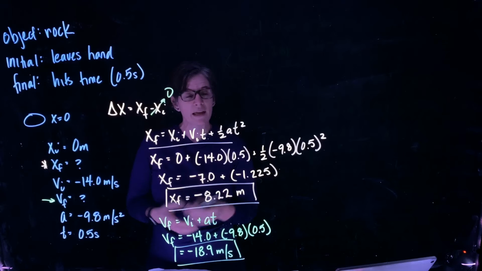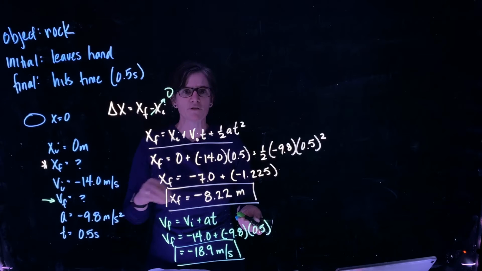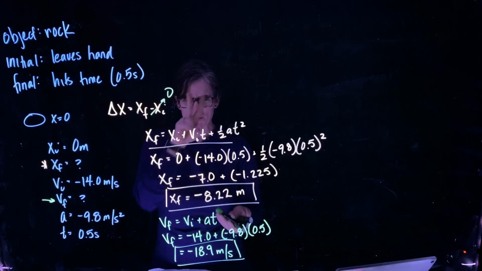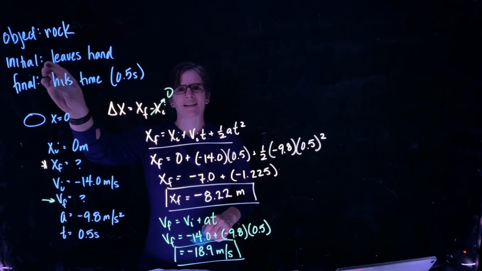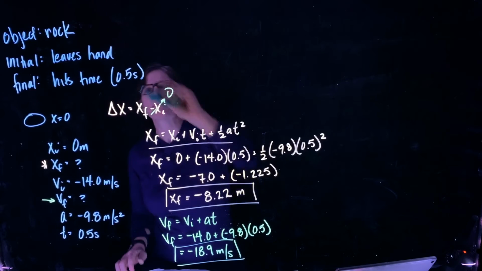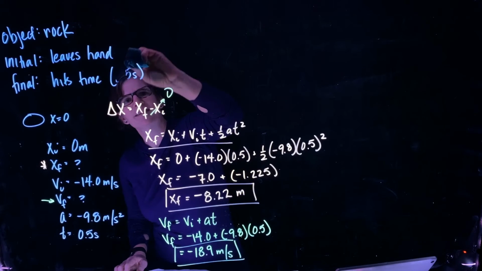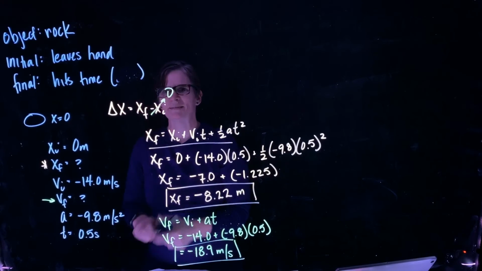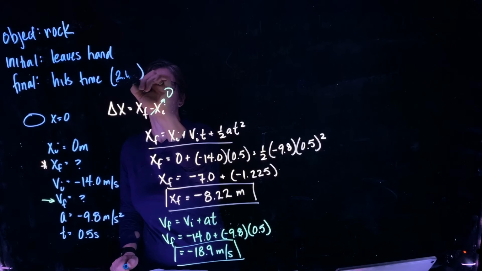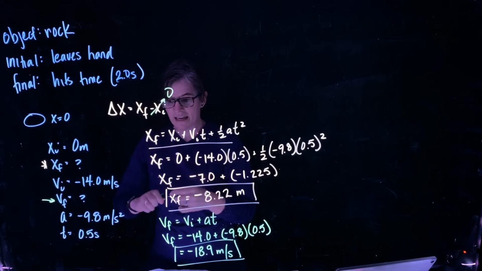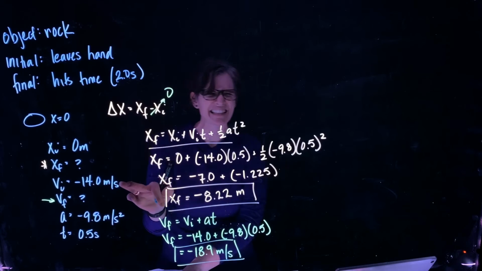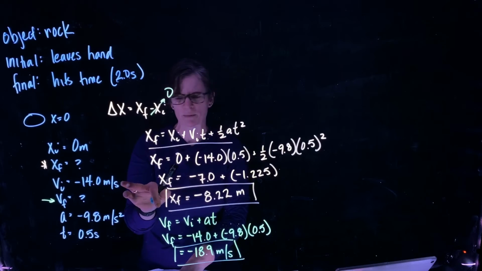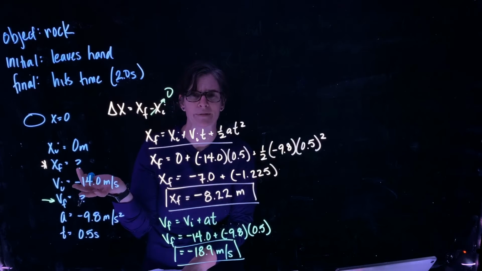Okay, well, how does the problem change if the rock travels for any of those other times? We'll do 2 seconds. Well, we're still interested in the motion from when the rock leaves the hand to when it hits that time, but that time now is 2 seconds. So I still start at 0. We still don't know where we end. We still started at negative 14 meters per second. We still don't know how fast it is after 2 seconds.